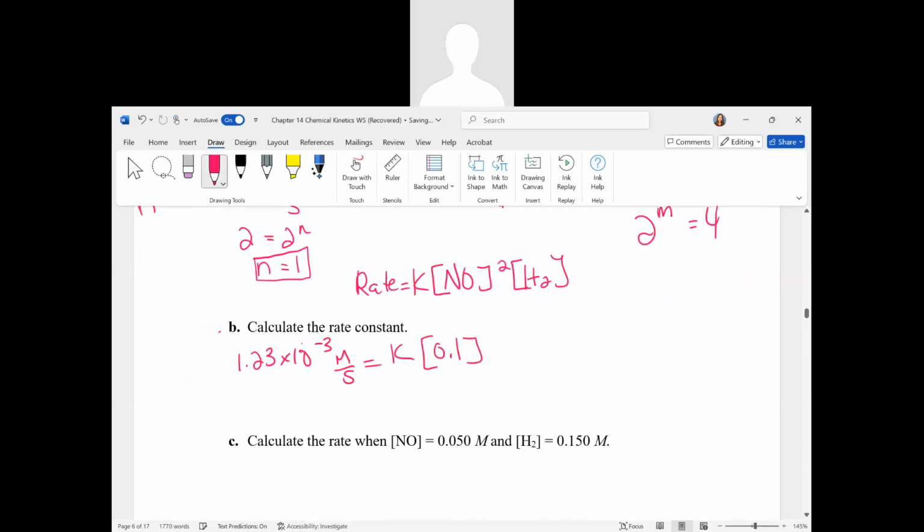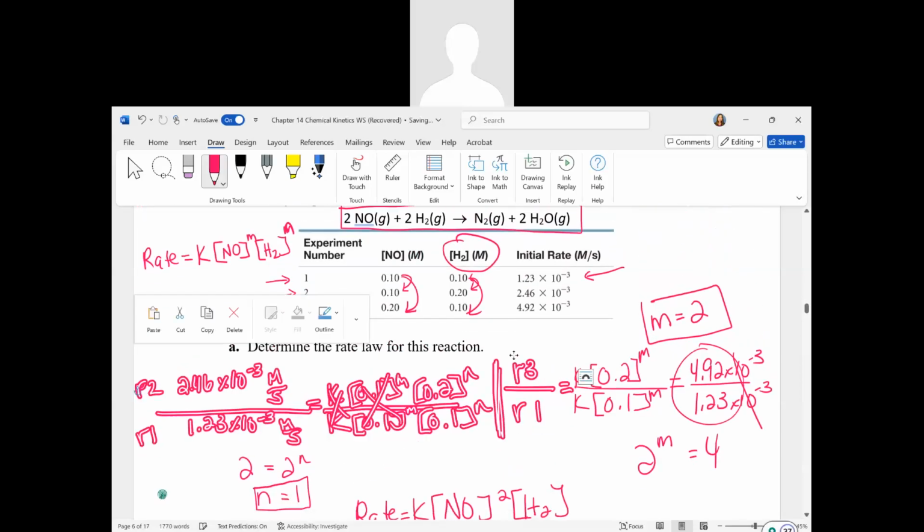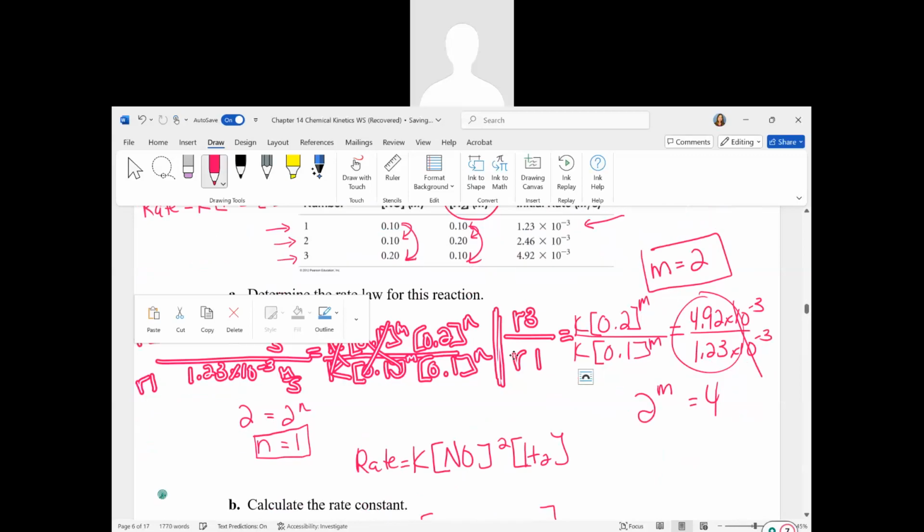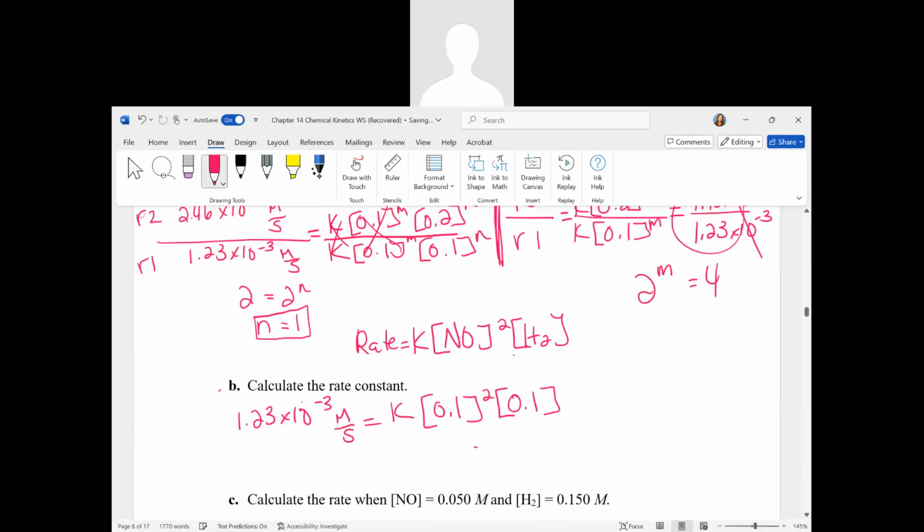So we're going to plug in our concentration of NO and our concentration of H2 gas, making sure to square the NO value here. So if we were to rearrange this equation and then divide by 0.1 squared times 0.1 down here, we would see that our K would be equal to, remember our units, molar squared and molar.